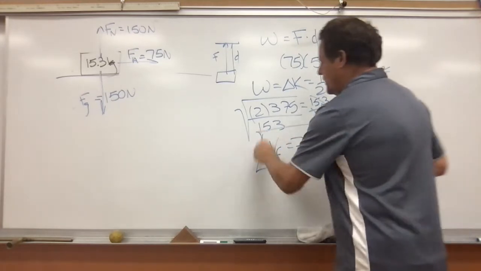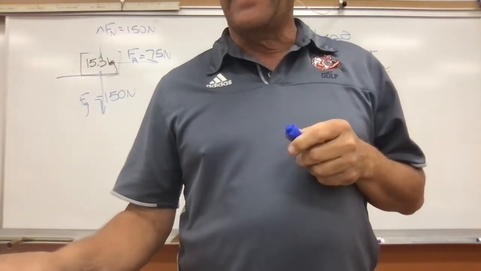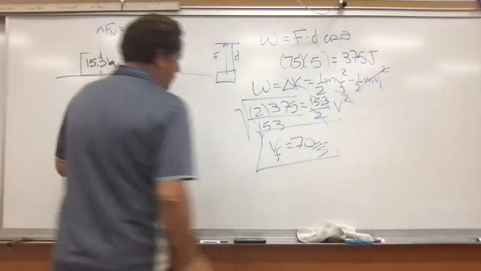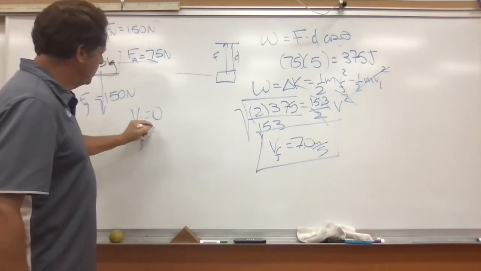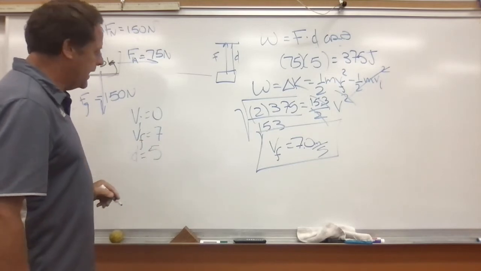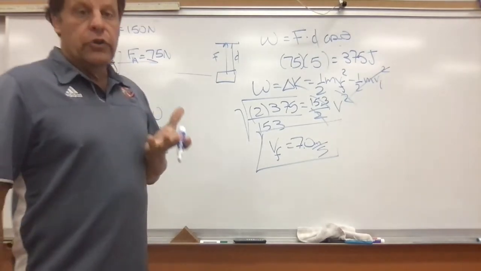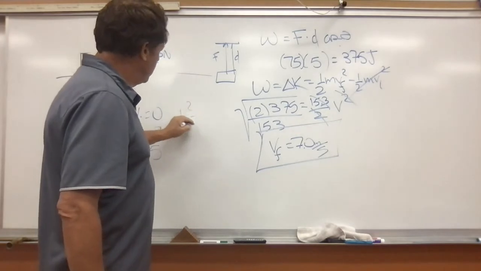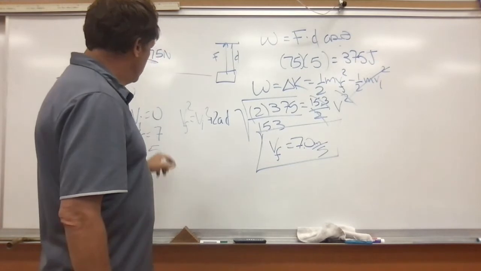All right, calculate the acceleration. Now the acceleration, we know our initial velocity is 0, we know our final velocity is 7, and we know the displacement is equal to 5, and therefore we can calculate our acceleration using kinematic equation number 4, which is v final squared is equal to v initial squared plus 2ad.